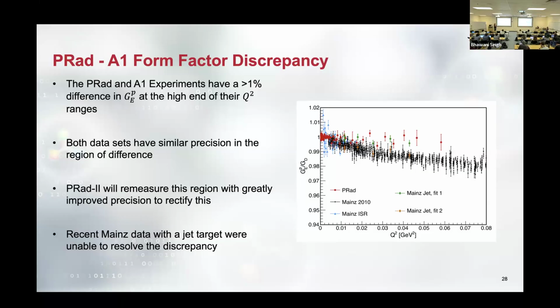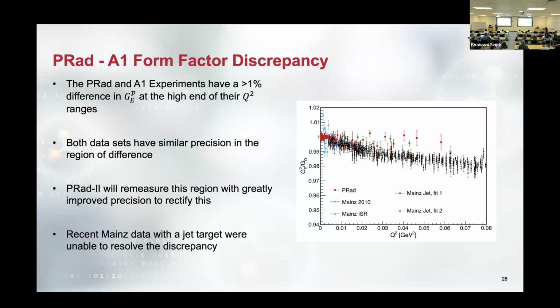There's also been, I saw the last bullet and realized I skipped over this, the MINES jet data. There was a follow-up experiment at MINES using a hydrogen jet target. Whenever the electrons were coming in, they would send a puff of hydrogen in, so they really understood how much target they had. That measurement takes a lot of time to get statistics, and so they only have a few data points.